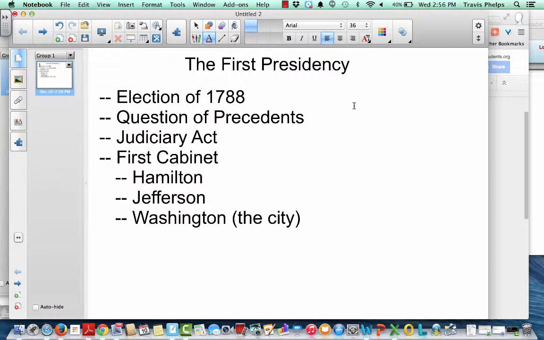Workers would come in cities and work. That's the future that Hamilton envisioned. Now, all these ideas were not really stated in the Constitution. So he favored a loose interpretation of the Constitution, giving the government implied powers.